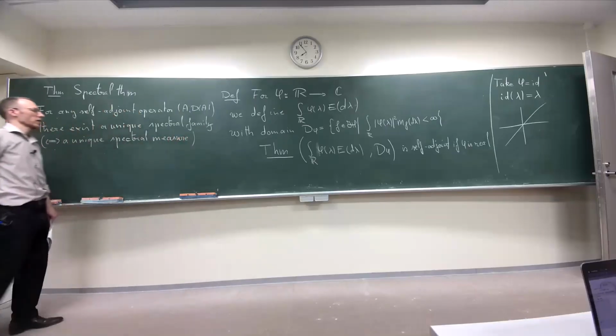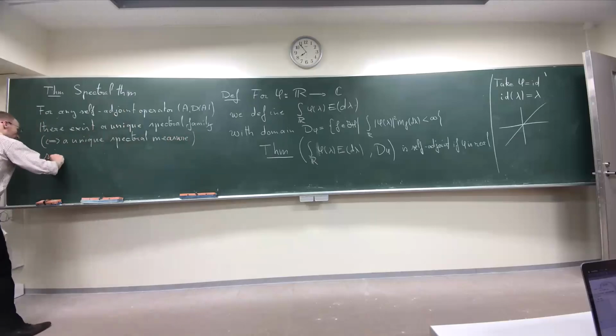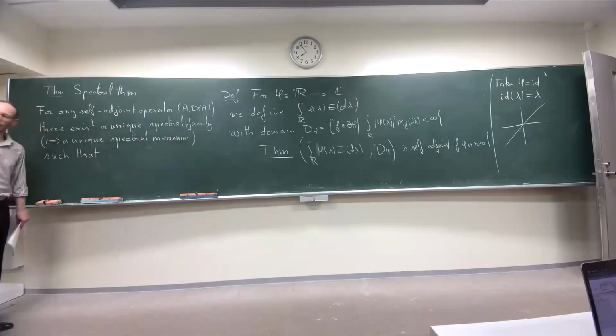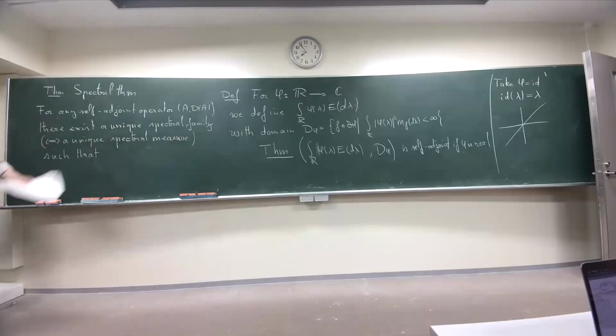So this is just a parenthesis, such that, can you guess the end of the sentence? I have constructed self-adjoint operators. I'm starting with an arbitrary one. I want to say that all of them are of this form.